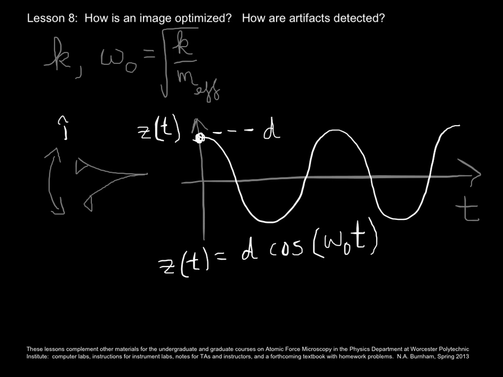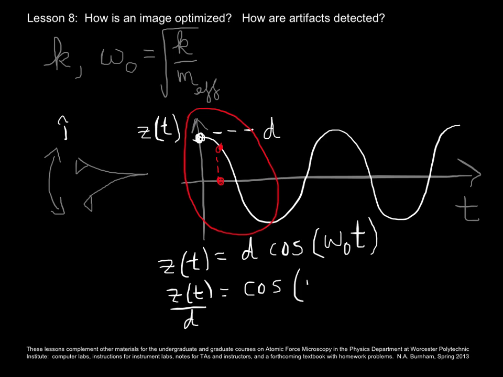If we wanted to find the time in the first half cycle of oscillation, meaning that we might know this position z, and we're looking for the corresponding time t, we would solve this equation for t. How do I do that? Well, I divide both sides by d, and I get z over d is equal to cos omega 0 t.